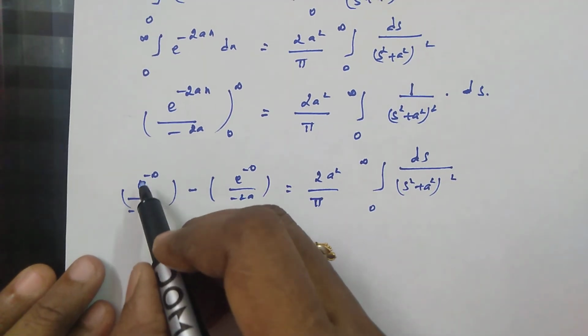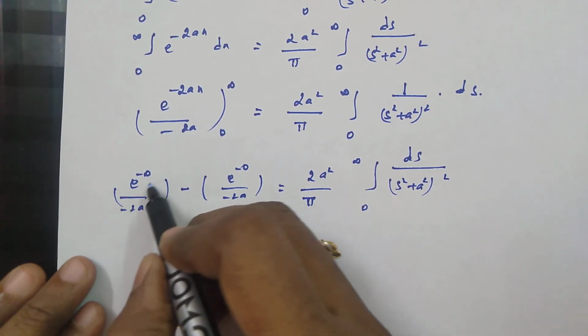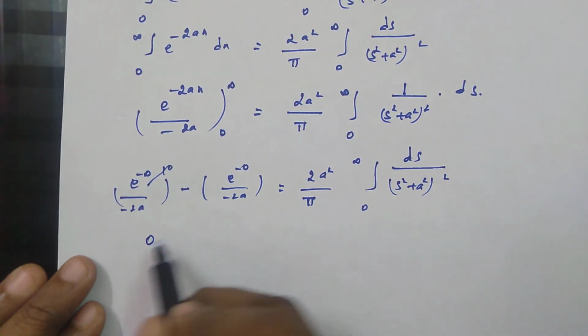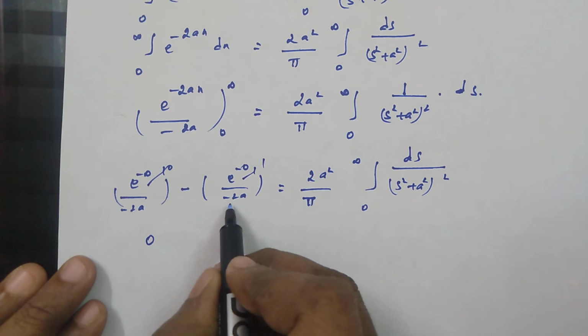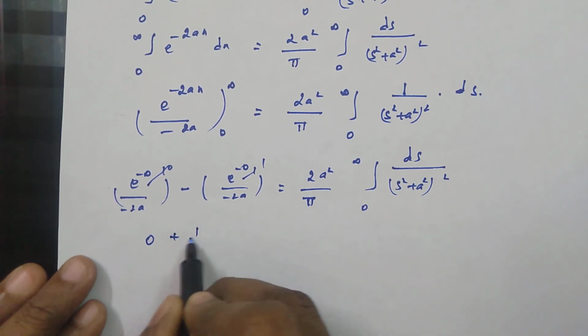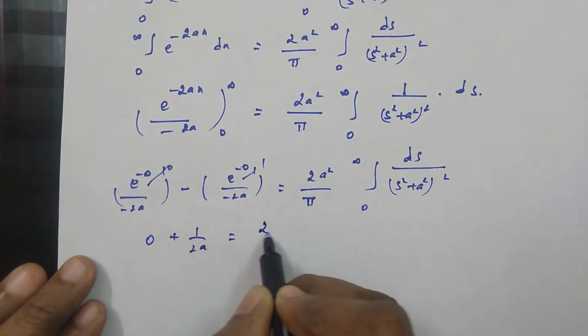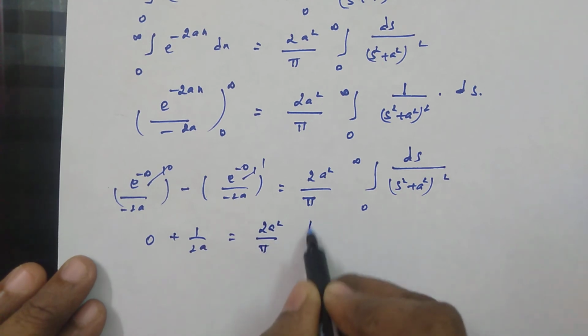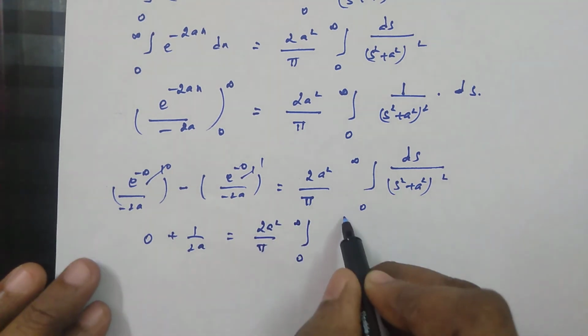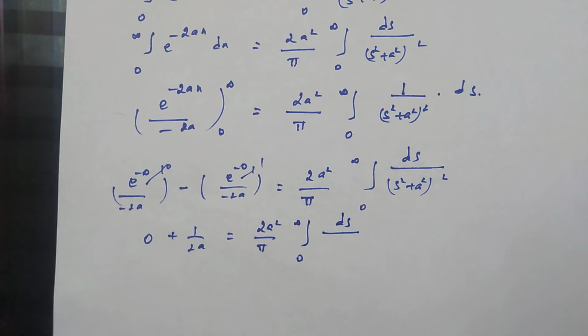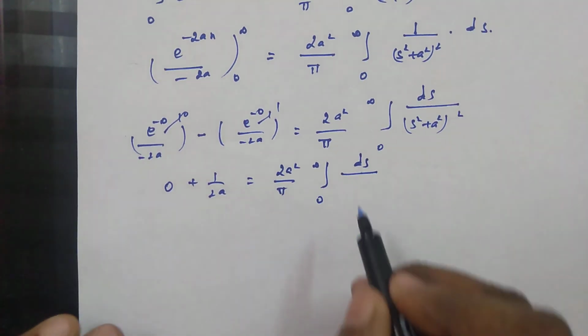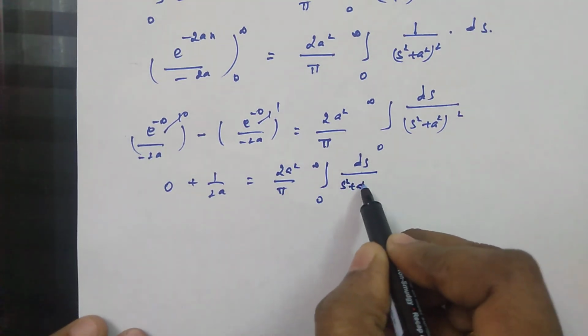Here the value is 0, so 0 by anything is 0, and here the value is 1. So minus into minus plus 1 by 2a equal to 2a square by pi integral 0 to infinity ds divided by s square plus a square the whole square.